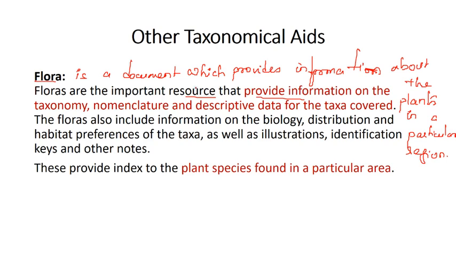It gives us information on taxonomy, nomenclature and descriptive data for taxa covered. These floras also include information on the biology, distribution and habitat preferences of the taxa, as well as some examples, some identification keys we have already discussed, and some other information. So these floras provide an index to the plant species found in a particular area.